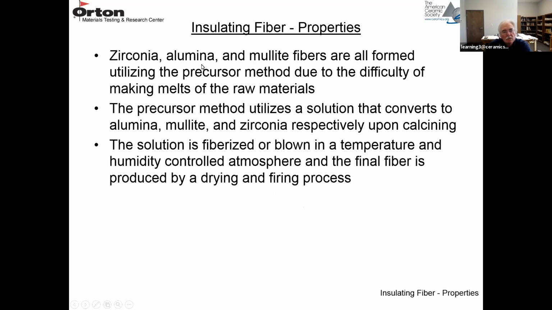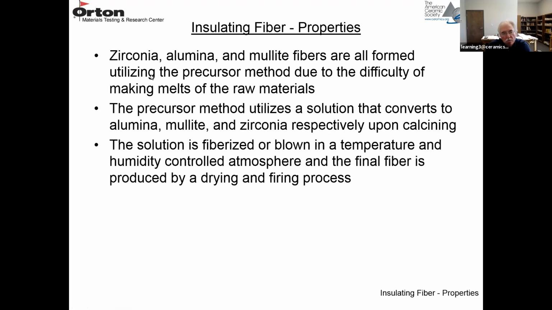So zirconia, alumina, and mullite fibers are all formed with a precursor method. Zirconia, I showed the use temperature was rather high. So is alumina. It's a high temperature material, and mullite is even a high temperature material. So they're not formed by melting and a blowing or spinning process.